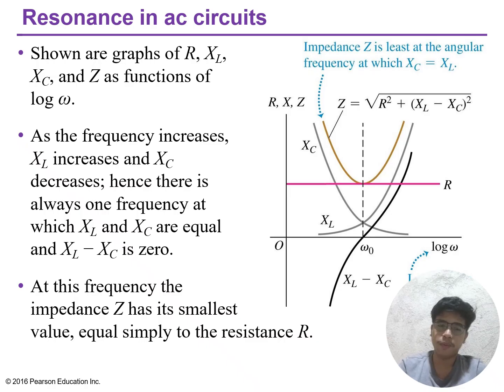The sharpness of the resonance peak depends on the Q factor, or quality factor. A higher Q gives a narrower peak, which means better frequency selectivity.